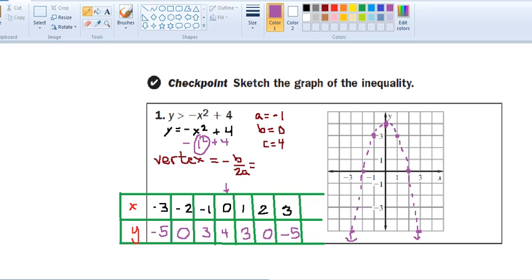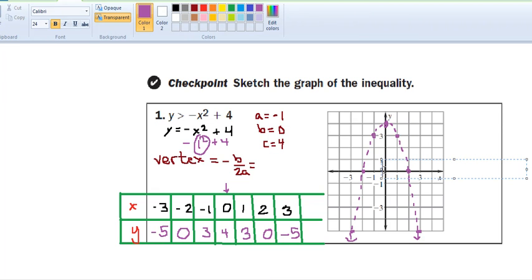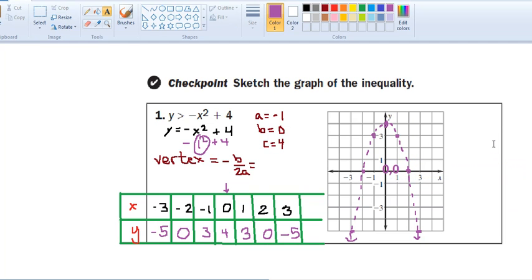It should be dashed. Now the test point is going to be kind of an easy one here, which is nice. We're going to use this test point that is right here, and it's 0, 0. So again, that's the test point right at the origin, which is always something you want to use if you can. So the question we're going to ask ourselves is this.